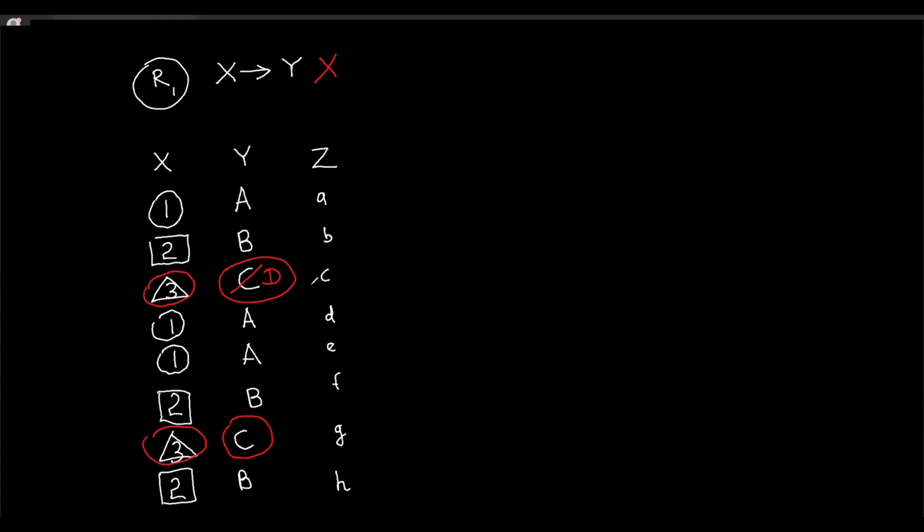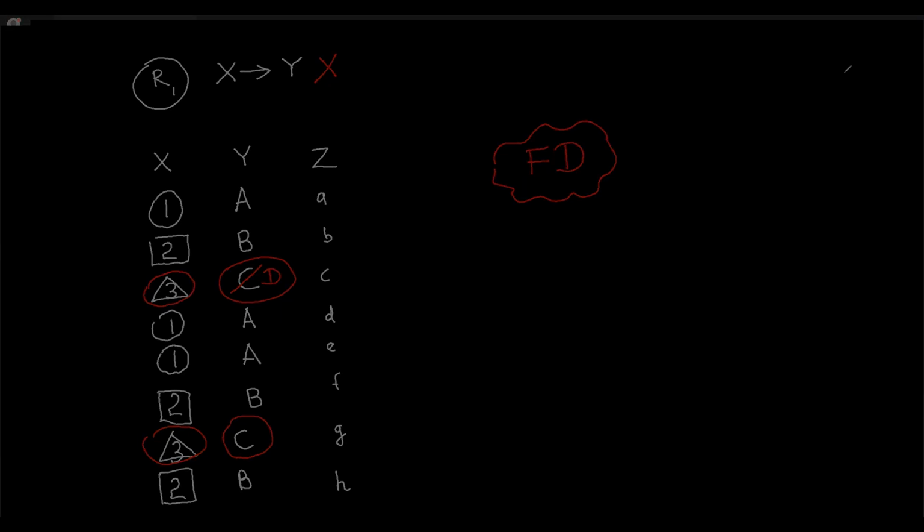This is what we call a functional dependency, or FD. I hope you understood what an FD is. In the next video, we will be looking at full functional dependencies and partial functional dependencies.